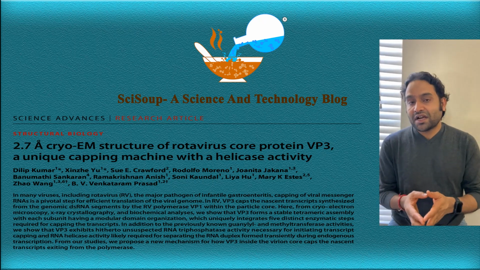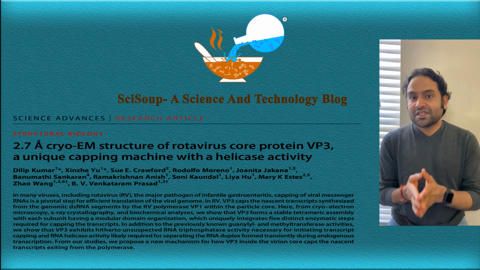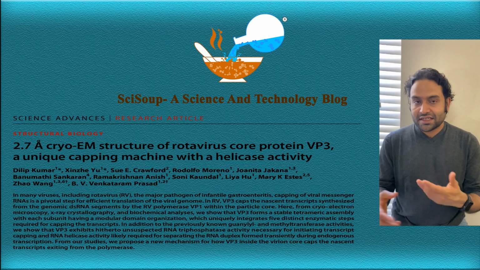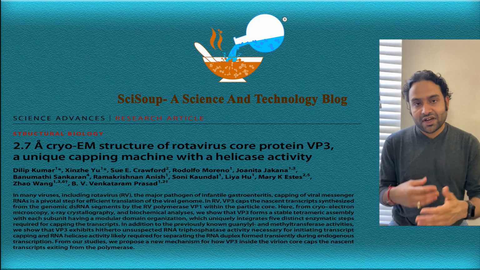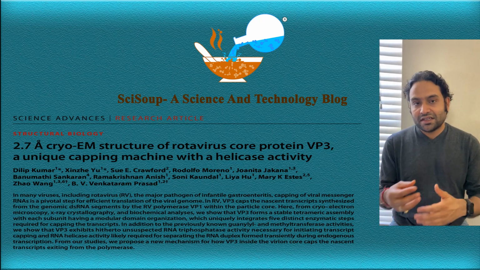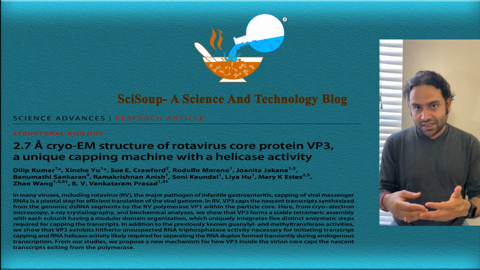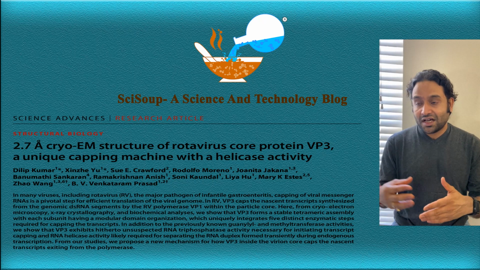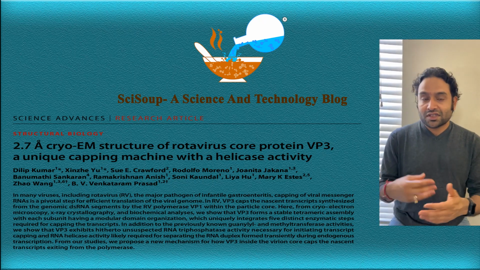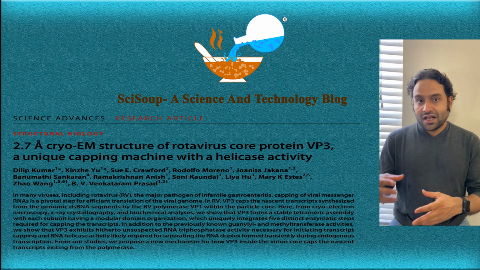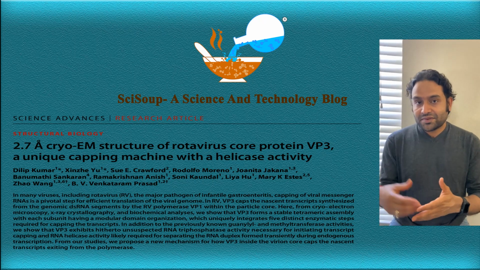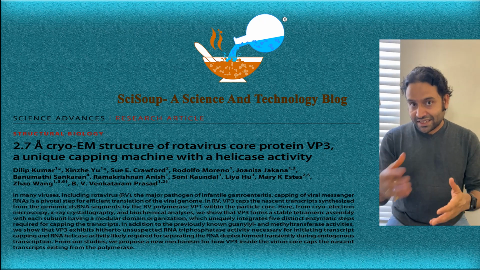This double layered particle is the transcriptionally active form of the virus. If you give all the reagents required for transcription, this double layered particle starts performing transcription inside the particle. So it has endogenous transcription, unlike coronavirus, which uses host machinery and performs transcription in the cytosol. In rotaviruses, transcription takes place inside the particle.